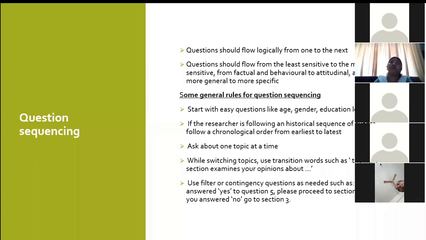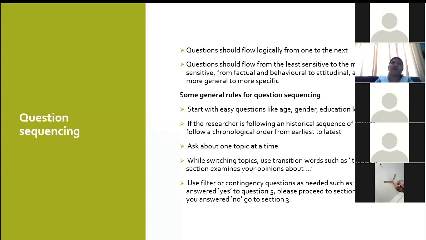Then, question sequencing. I have already mentioned that the sequencing of questions is very important. Questions should flow logically from one to the next, and we should move from the least sensitive to the most sensitive, from factual to behavioral, from behavioral to attitudinal questions, and from more general to more specific questions.